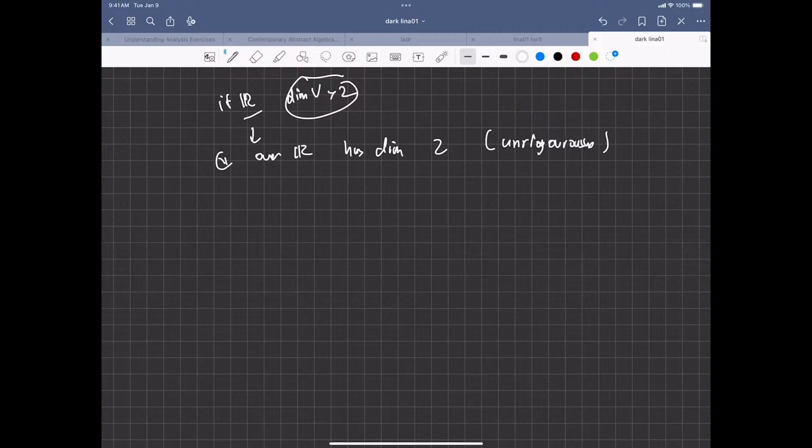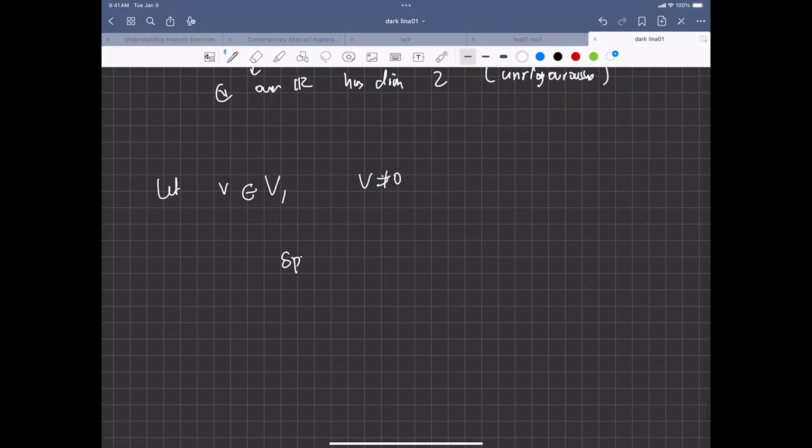So first of all, let's take an example of a non-trivial subspace. Let v be any vector in V, and let v not be 0, of course. Then we can think of the span of v, which is just all the scalar multiples of v.